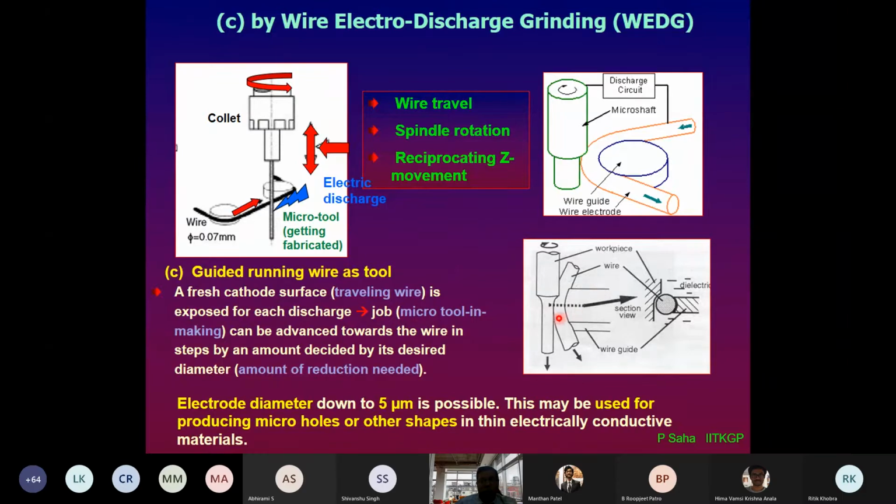So what is the arrangement? You see, this is a guided running wire or traveling wire, which will be used as a tool. Okay, so a fresh cathode surface, that is the traveling wire, is exposed to each discharge.